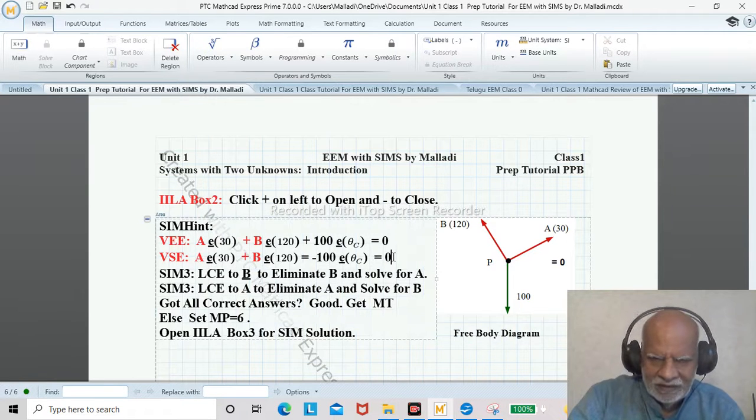I change it here for you. So now this is minus here. Now this is A and now C to be eliminated for this. So I'm telling what to do. For B you have to do that. To get A, for A you do that. Correct answer, got it. If you don't get it, you change it to 6.